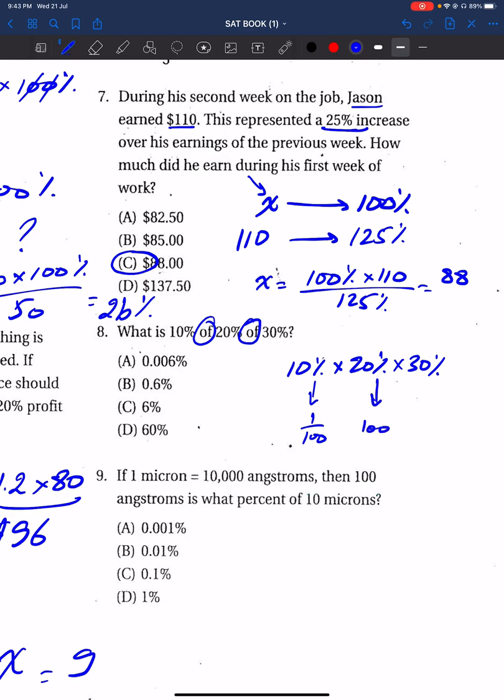So we replace by 1 over 100 on all of those, and we'll keep one of the percentages so that we reduce calculations. So 10 multiplied by 20 multiplied by 30 over 10,000%, and we'll cancel out 3 zeros from the numerator and the denominator as well. 2 times 3 is 6 over 10%, which is 0.6%, and your answer is choice number B.